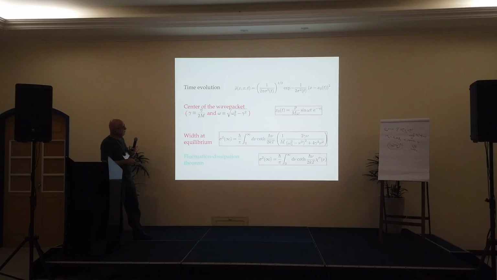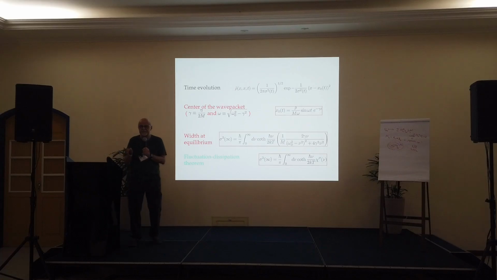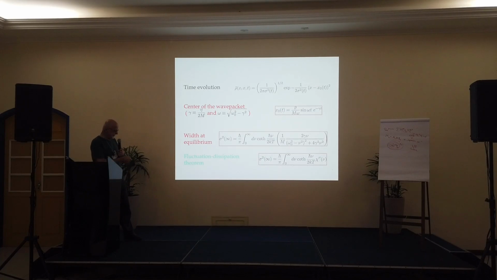And you see that the center of the wave packet here obeys exactly what? The classical equation of motion of a damped harmonic oscillator. Right? And the width in equilibrium, at infinite time, where gamma is eta over 2m, and this omega is the square root of omega naught squared minus gamma squared, exactly as in the classical regime. Okay, and what about the width? The width at equilibrium is given by this expression.